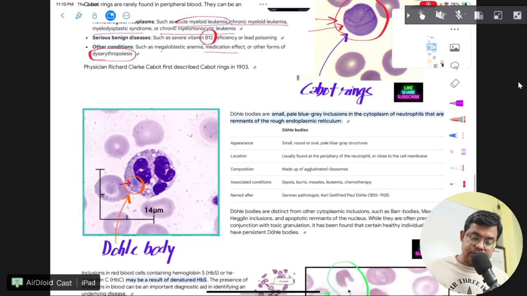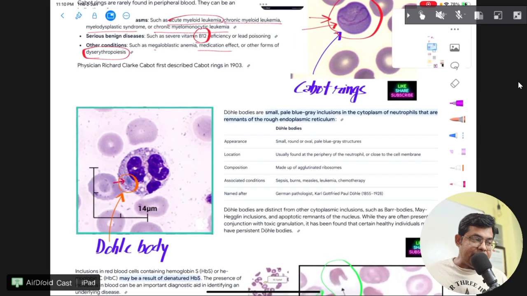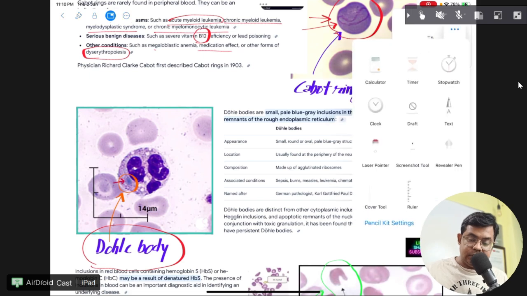Now coming to the next interesting inclusion body, that is Döhle body. Now this Döhle body, as you can see, this bluish structure, let me show you clearly.